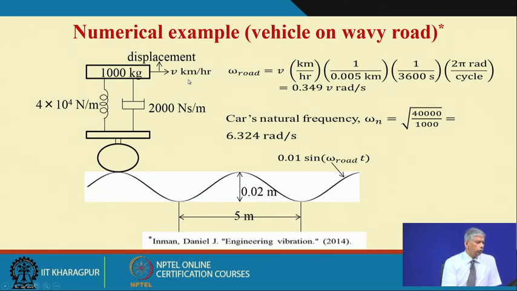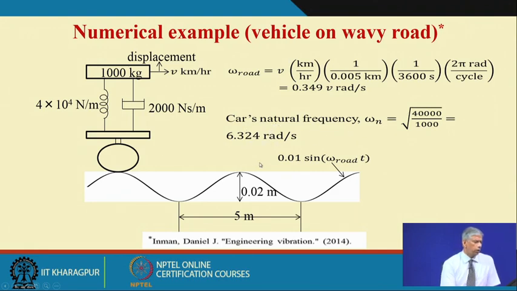The vehicle is going at a certain v kilometers per hour, and the vehicle has a mass of 1000 kgs, effective stiffness of 4 × 10⁴ Newton per meter and damping of 2000 Newton second per meter. The car's natural frequency omega n is given by this.